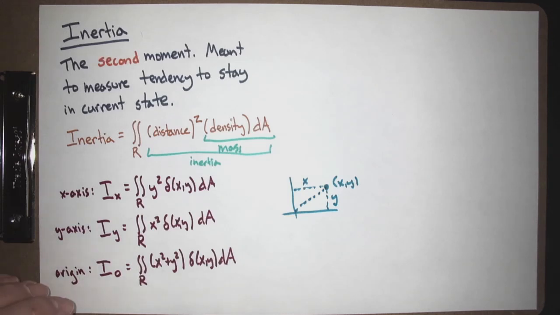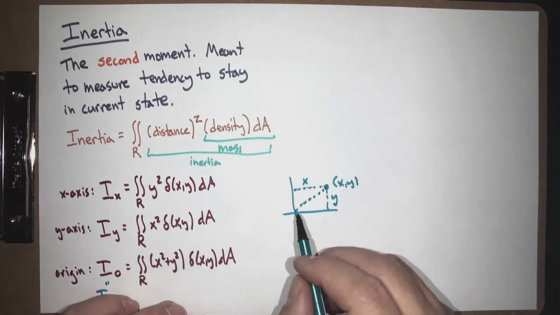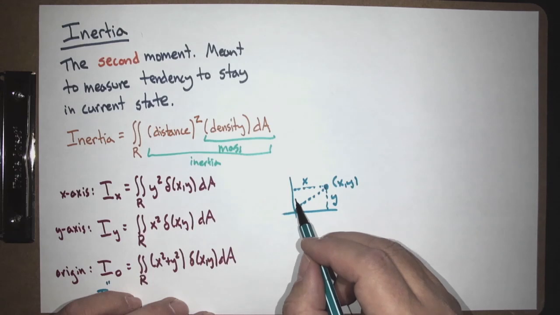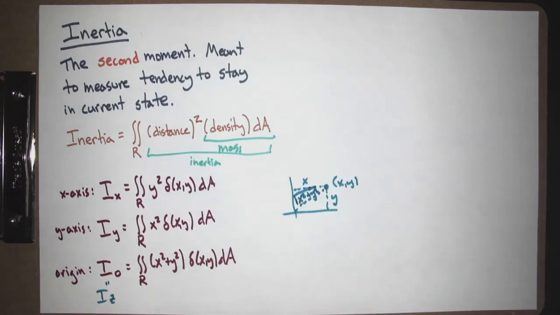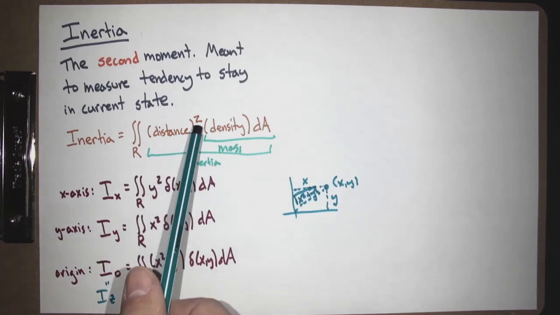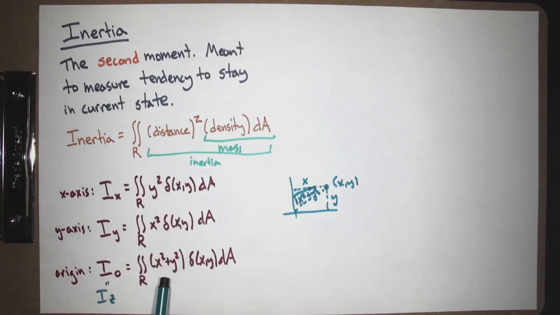I like to also call this I_z, but if you look in some of my old notes, you'll see I call this I_z. I think I might even call it I_z on the handout. Do I? Yes. So, what's this distance? Well, square root of x squared plus y squared. Like, that looks terrible. There's a square root. But notice, you want a square of that. So you get rid of the square root. So it becomes just x squared plus y squared times density dA. All right, so there's inertia.